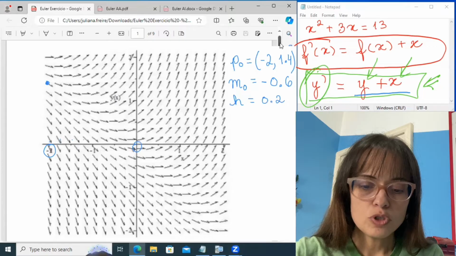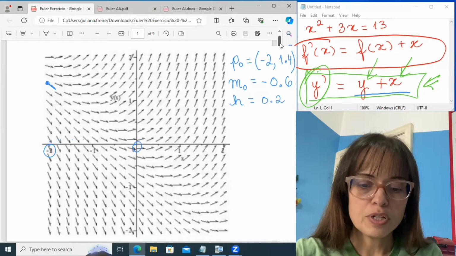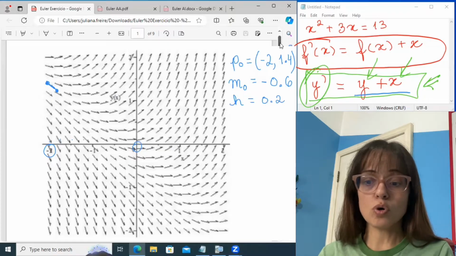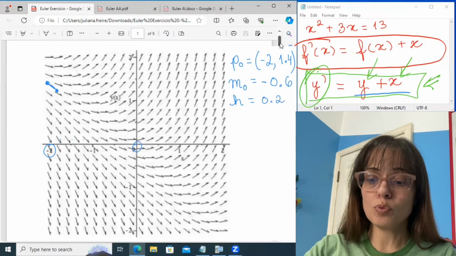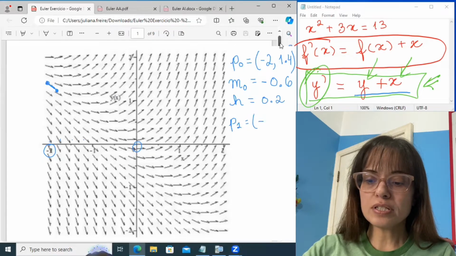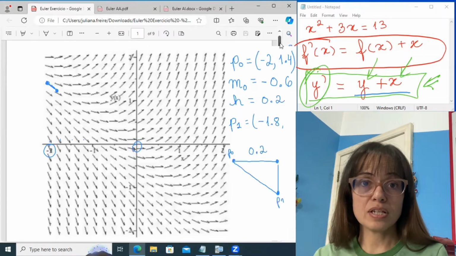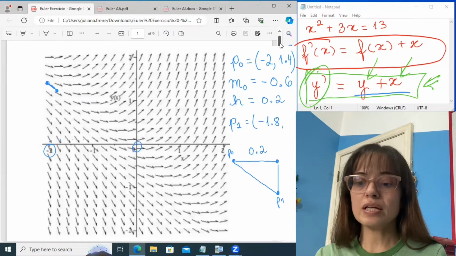Okay, now what I want to do is to follow this line segment for a distance of 0.2 and figure out the coordinates of point P1, which is the next point. The x-coordinate, there is not much to do. It's going to have to be -1.8 because this is how much we decided that we're going to use as a step size.